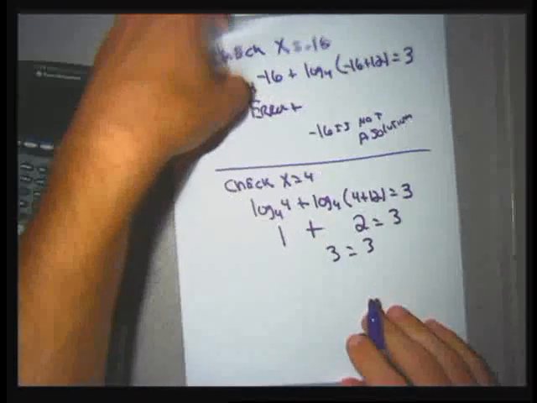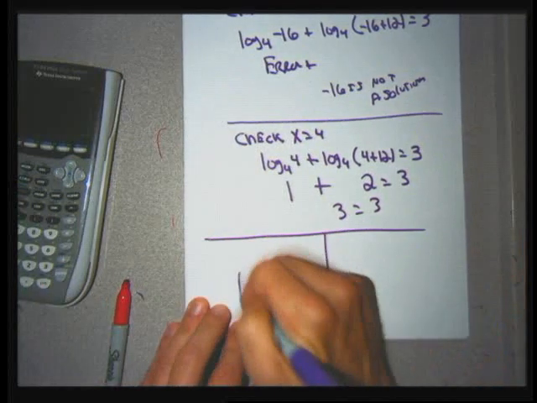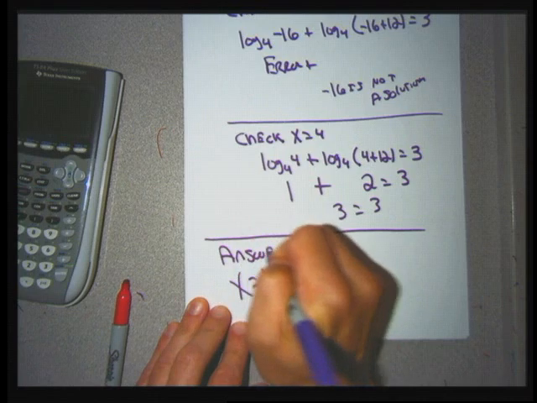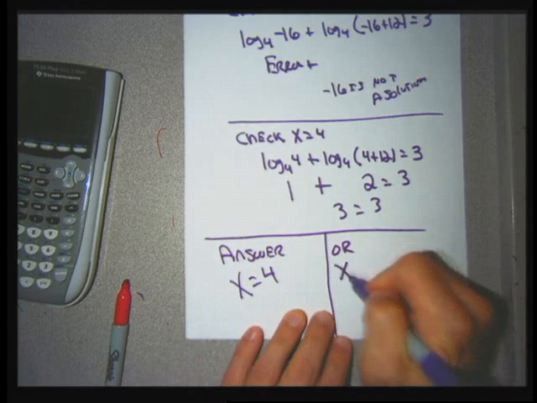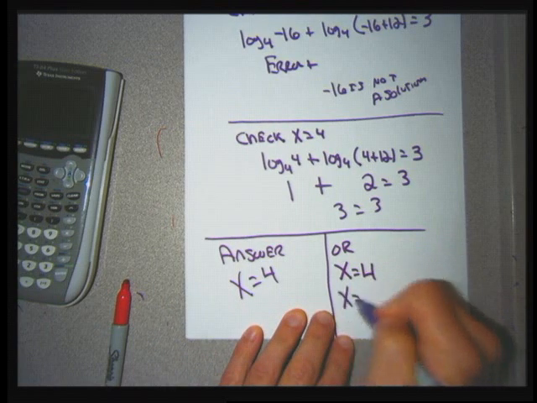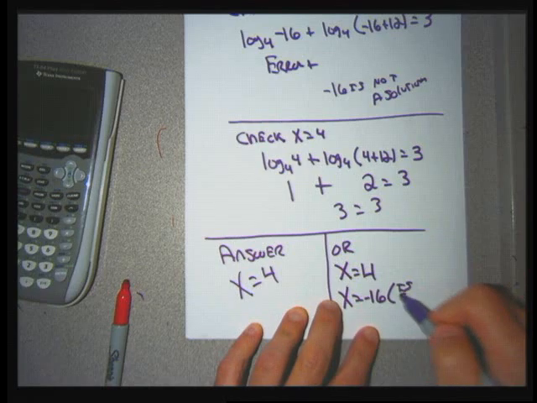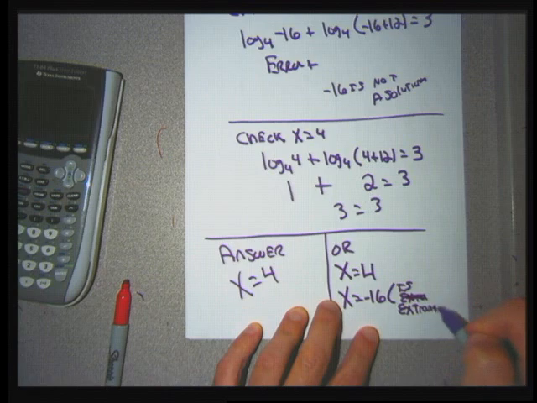And again, when I go to write my solution, I have flexibility. I could either just write x equal to 4 and stop for my answer and make no comment about the negative 16. Or I can write both the 4 and the negative 16, but next to the negative 16, because it's not really an answer, I need to say something that tells me, or the reader, that the algebra produced the solution, but it doesn't check.